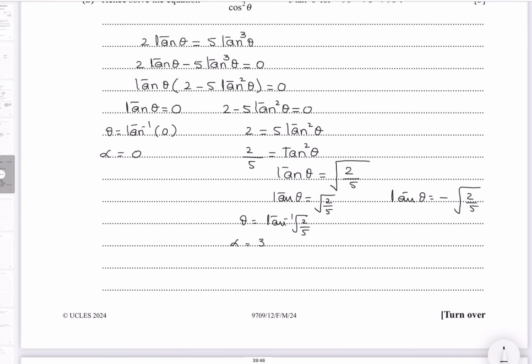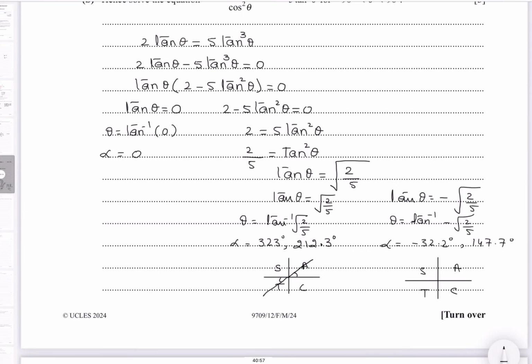So our basic angles are, our angles are actually 32.3 degrees and 212.3 degrees. In ASTC, tan is positive in the first quadrant and the third quadrant. And for the negative root, we have angles minus 32.3 degrees and 147.7 degrees.